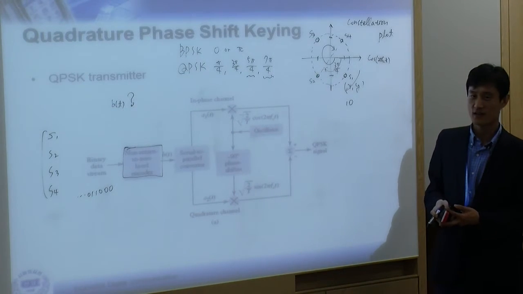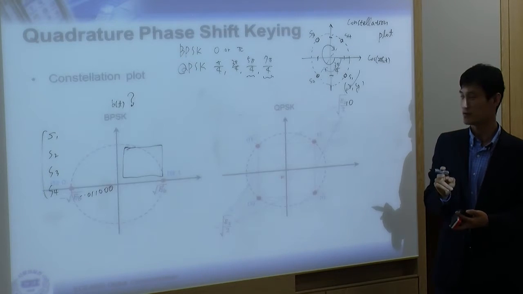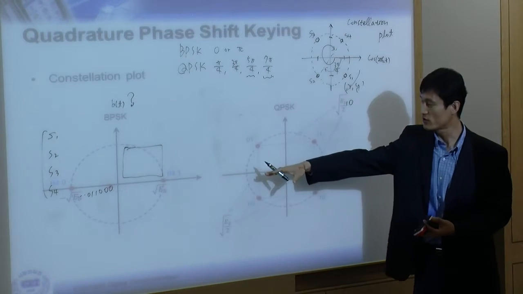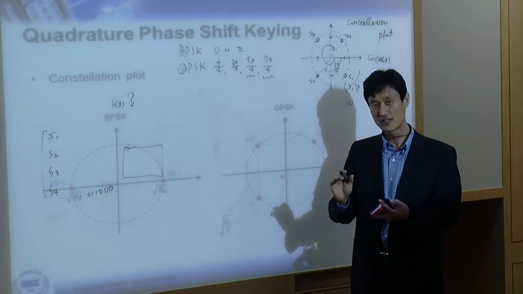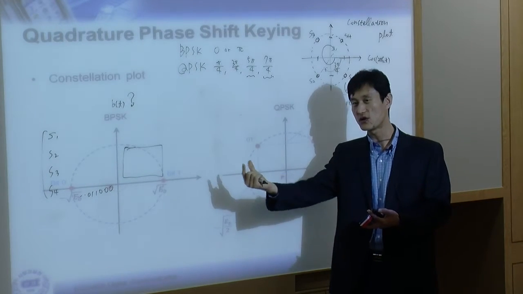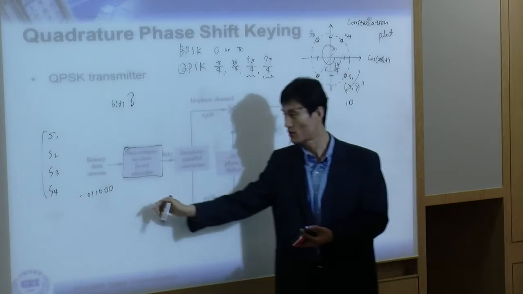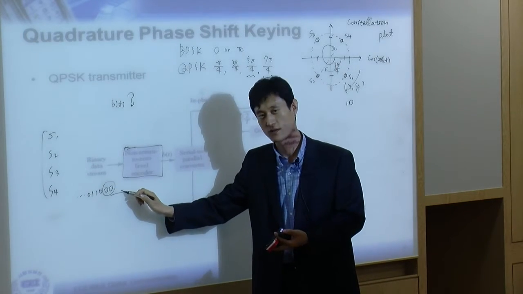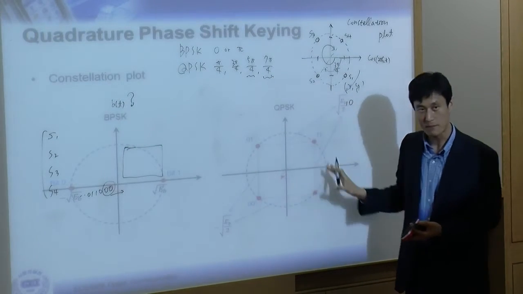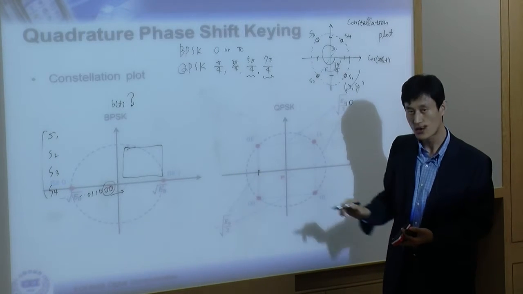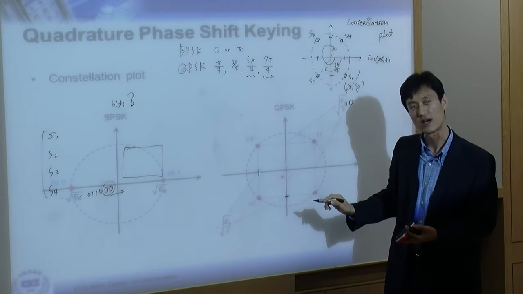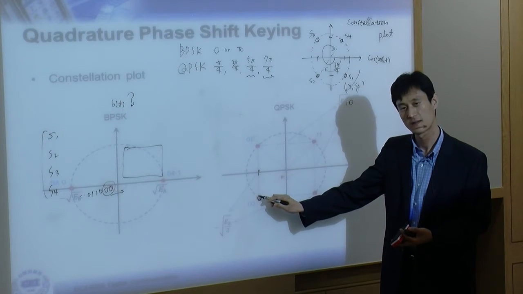This BT now has two values because we have two carriers. As an example, let's say we get a 0, 0 as an input. Based on this mapping, the output is this value in cosine and this value in sine, because this is the mapping.